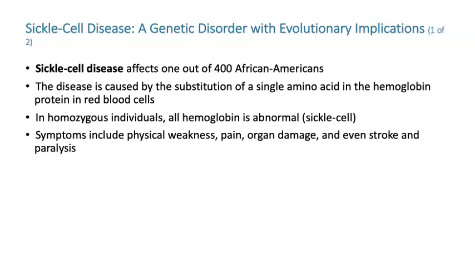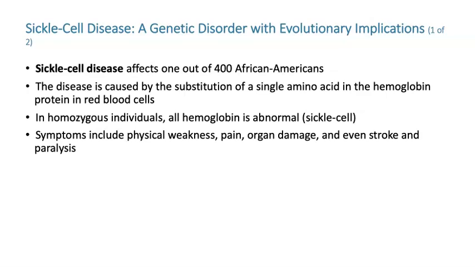Sickle cell disease is also an extremely common disease. This affects about 1 in 400 African Americans, people of African descent. It is caused by a single amino acid substitution in the hemoglobin protein in red blood cells.